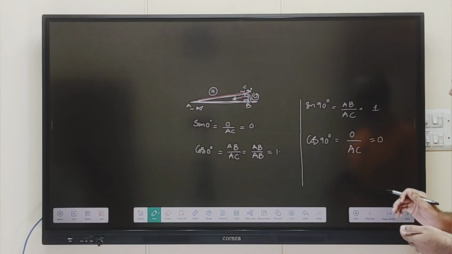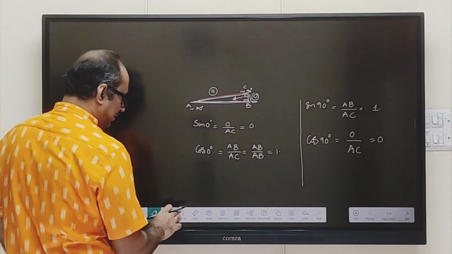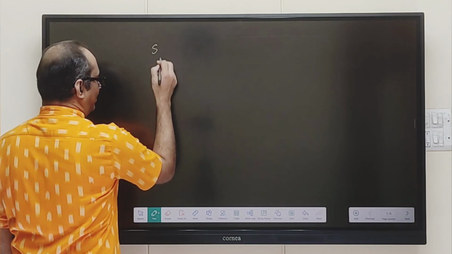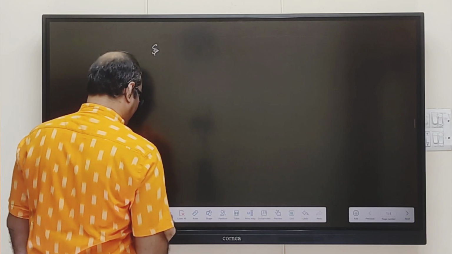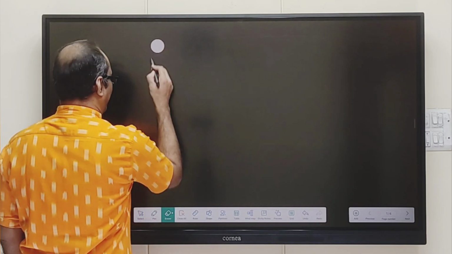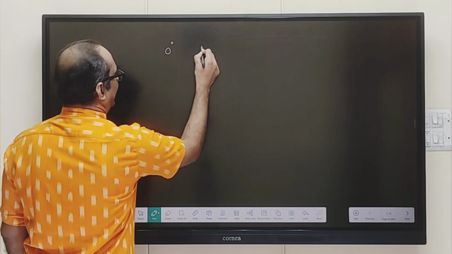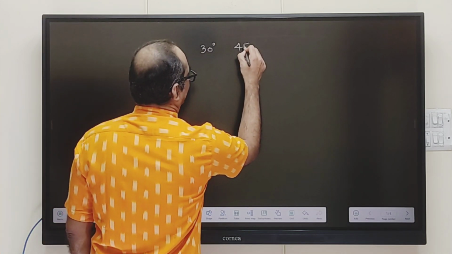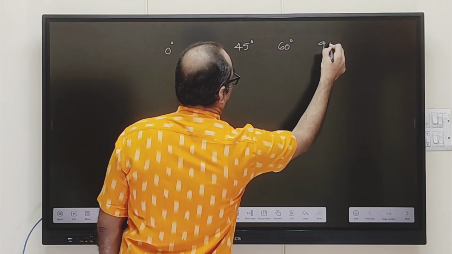So let's get the whole table in place now. Once we understood these values, let's write down. First we'll write down angles: we have 0 degrees, then 30 degrees, then 45 degrees, then 60 degrees, then 90 degrees.